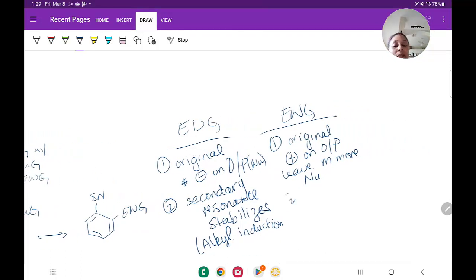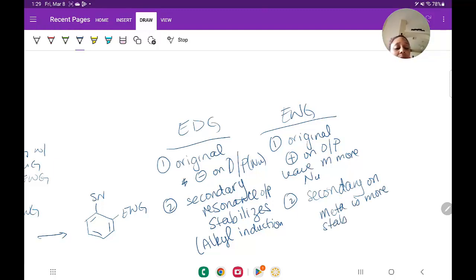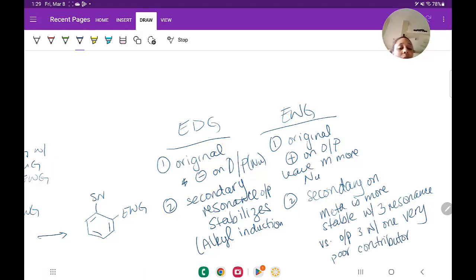And the second thing is that the secondary resonances on ortho and para are destabilized, and the secondary resonance on the meta is more stable, with 3 resonances that are pretty good compared to ortho-para that has 3 with 1 very poor contributor. So those are kind of the ways that we look at that.